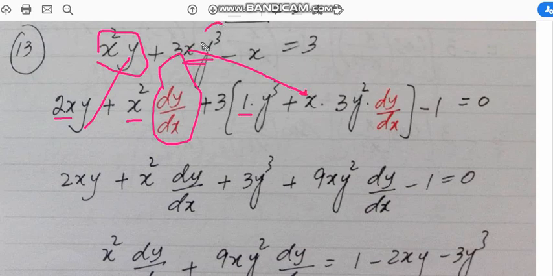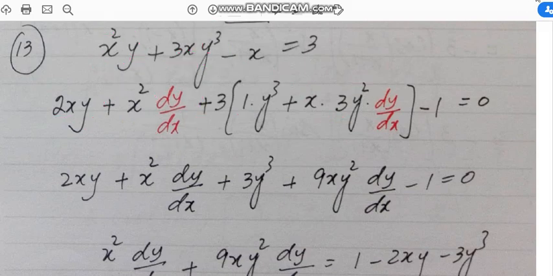Derivative of y cube by applying power rule, 3 reducing power by 1 gives y square. Then the product rule is applied, but without this power the function is y, so the derivative of that y with respect to x is dy by dx, and derivative of x will be 1, and derivative of 3 is 0.